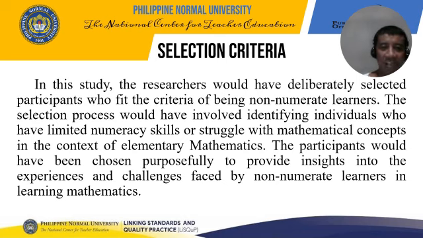The selection process would have involved identifying individuals who have limited numeracy skills or struggle with mathematical concepts in the context of elementary mathematics. The participants would have been chosen purposefully to provide insights into experiences and challenges faced by non-numerate learners in learning mathematics.